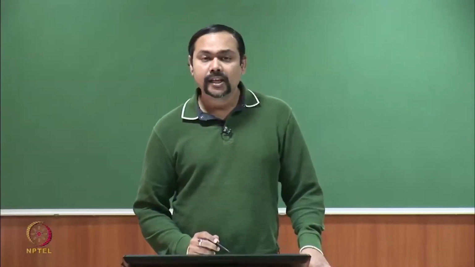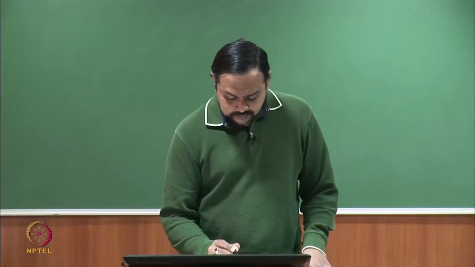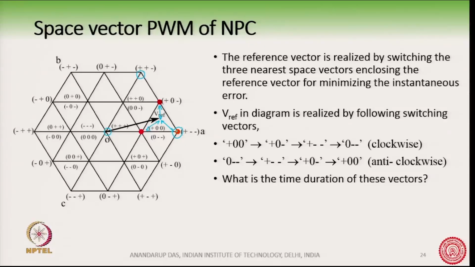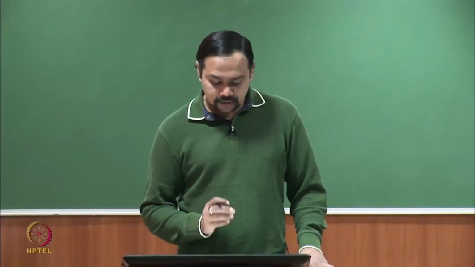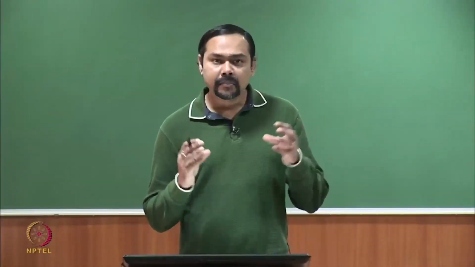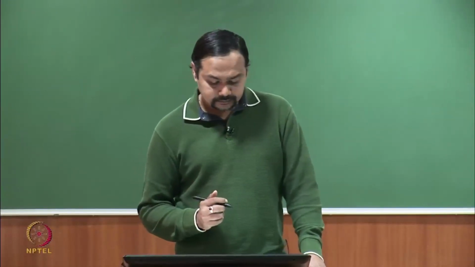So, the instantaneous error gets reduced once we have chosen space vectors which are nearby, and in fact, they are enclosing the reference vector. With that we are minimizing the instantaneous error.